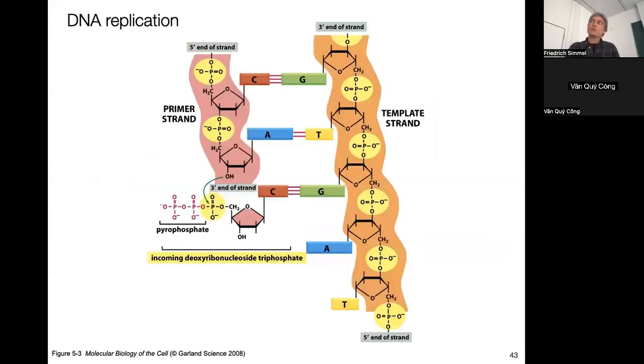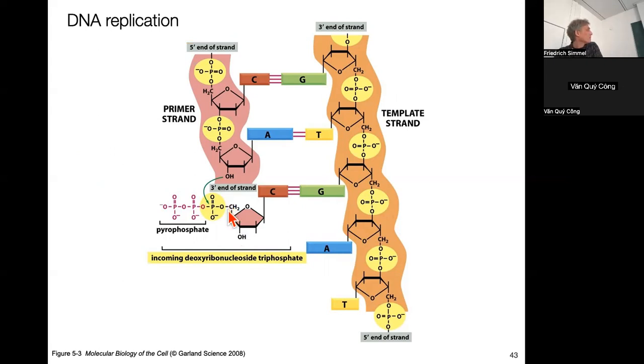And the production of these new strands of DNA is performed in a process called DNA polymerization, and the enzymes responsible for that are called DNA polymerases. Here the enzyme is actually not shown.